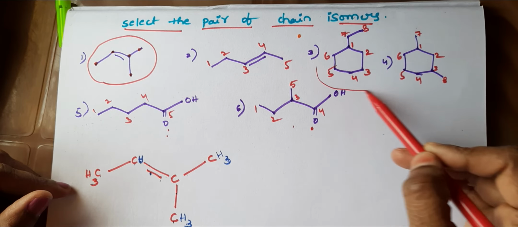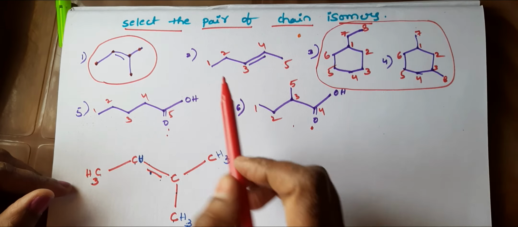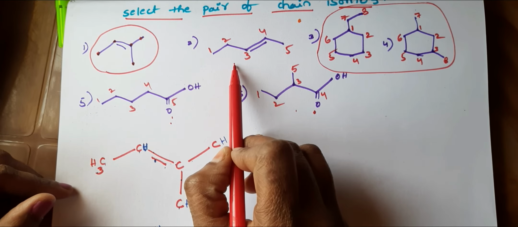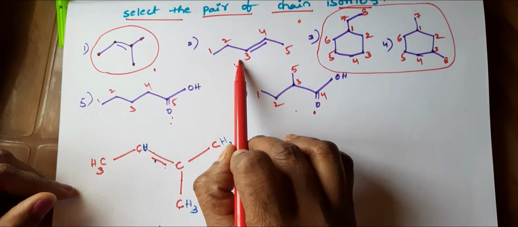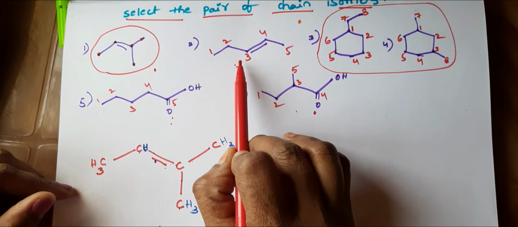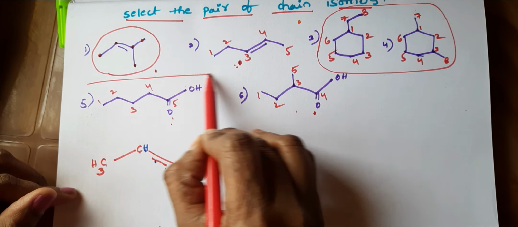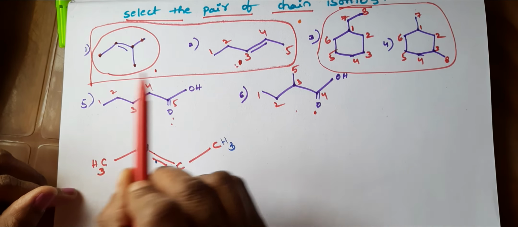Sorry, these two compounds have 8 carbons, but the second one has only 5 carbons. So the first one and the second one will be the pair. These two are the pair of chain isomers of each other.